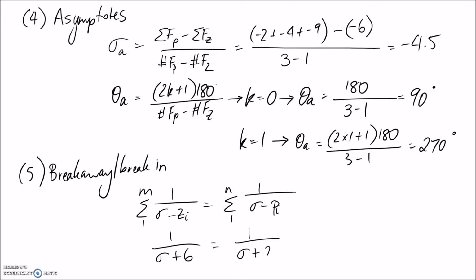So we had 1 at 2. It's a sum of, so we add on. We then had a pole at 4 and another pole at 9. So this equation here is really ugly to try and solve by hand because it ends up being a polynomial, and it's going to be a third order polynomial, so it's a bit messy.